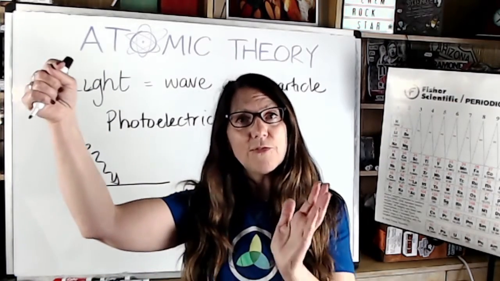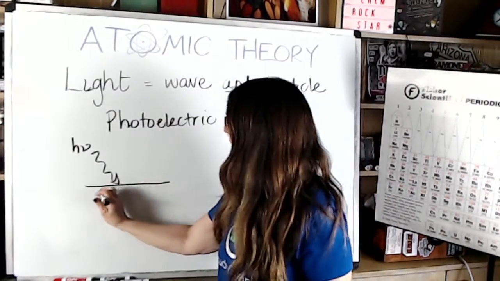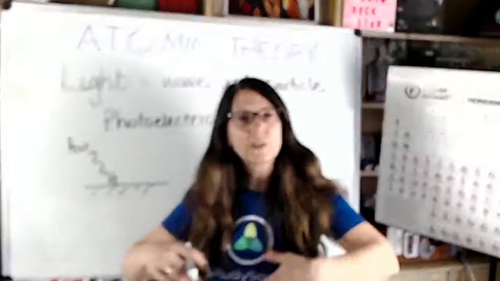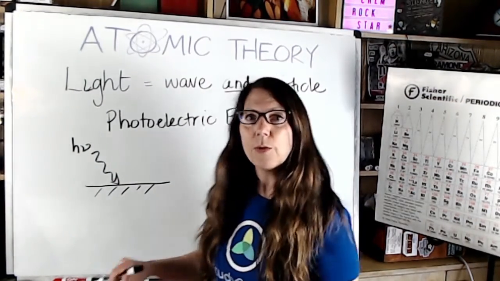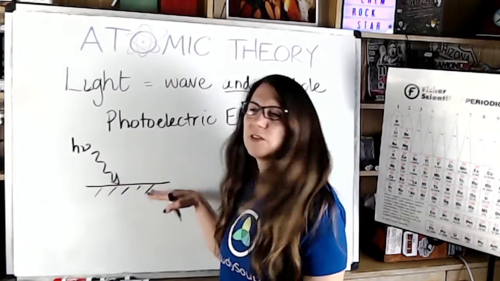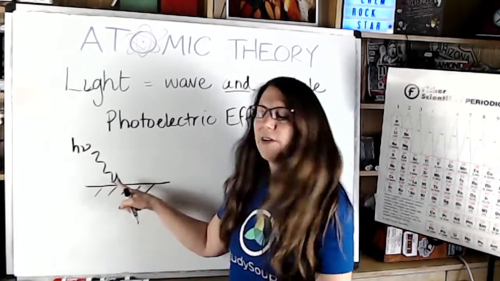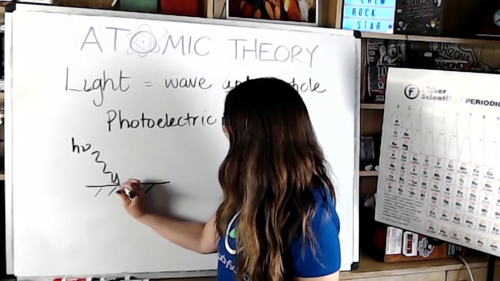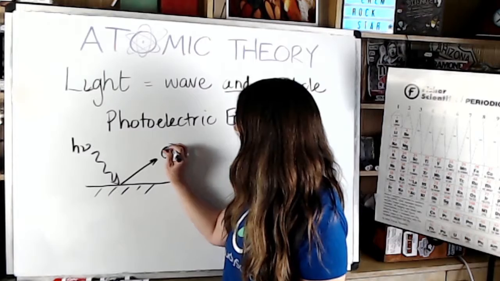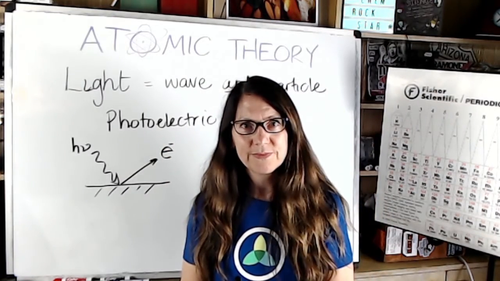All right, so we have this photon that comes in and it hits this surface. So this surface here, when these experiments were first done, these were done on metals. And so we imagine that this is a piece of aluminum, for example, and light of enough energy was able to eject an electron out of the surface of that metal.